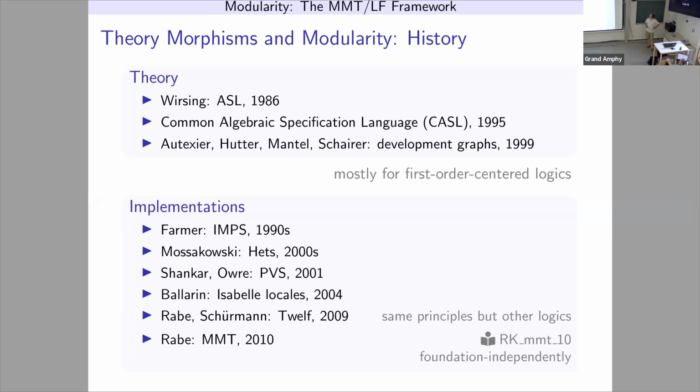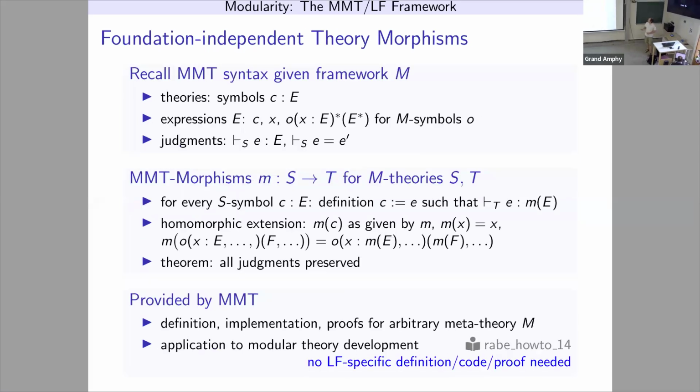And you can use them very nicely for modular development. You can use them to model inheritance. You can use them to model implementing interfaces. The concept is always that the domain theory represents what you need, like your axiomatization, your specification. And then the morphism implements or defines everything that the specification requires in terms of some other language.